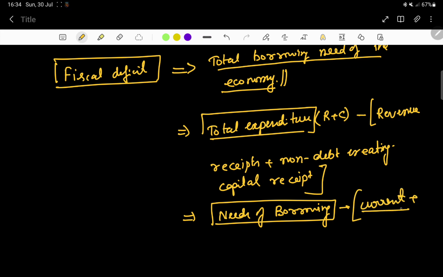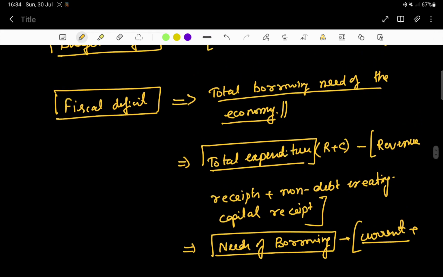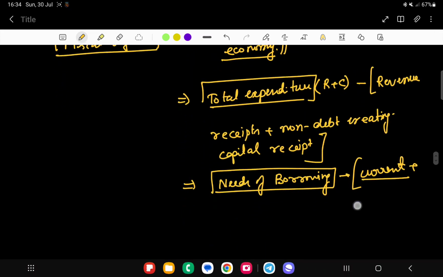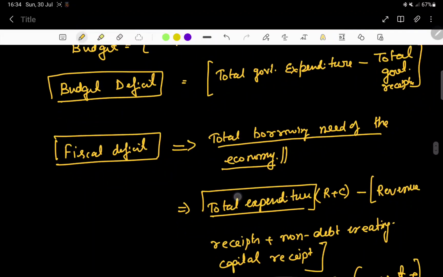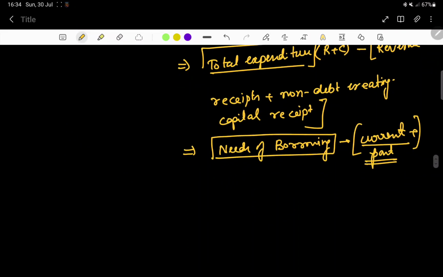It is nothing but the cumulative borrowing that the government has done. So we get the total borrowing need that the government has to fulfill, current plus past. This is budget deficit and fiscal deficit.